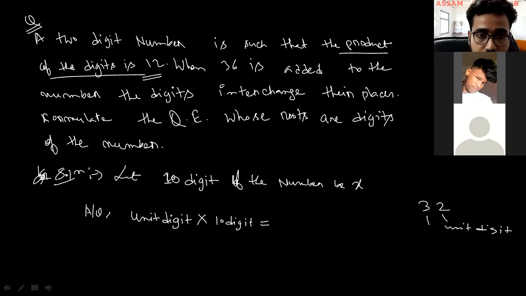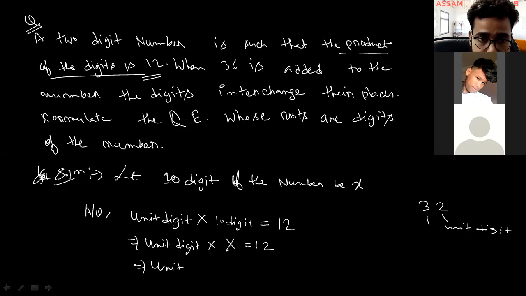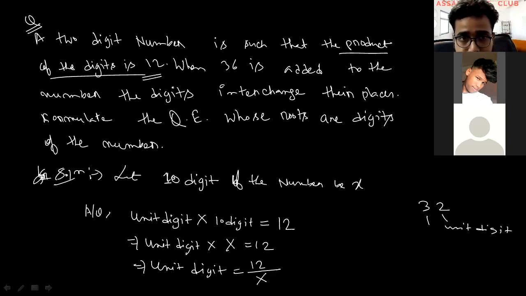That means product of the digits means unit digit into ten digit. What is the value here? 12. So your ten digit is x, so the unit digit will be how much? 12 by x. Yes, 12 by x. So we have found the ten digit and the unit digit.